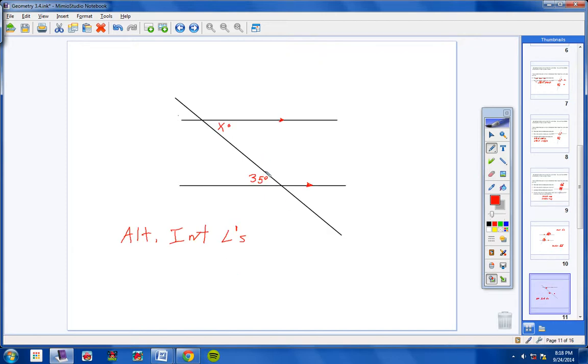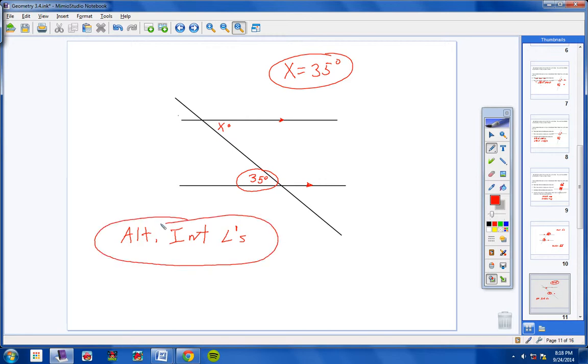So if this angle here is 35 degrees, then this angle right here is also 35 degrees. So x equals 35 degrees. Again, students, remember, when two parallel lines are cut by a transversal, alternate interior angles will be congruent, okay?